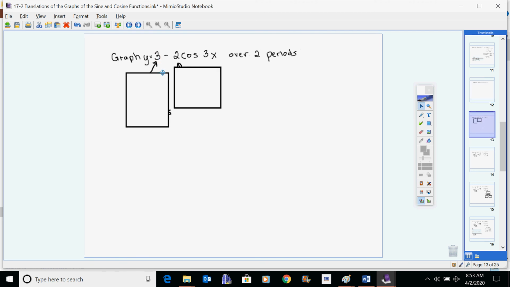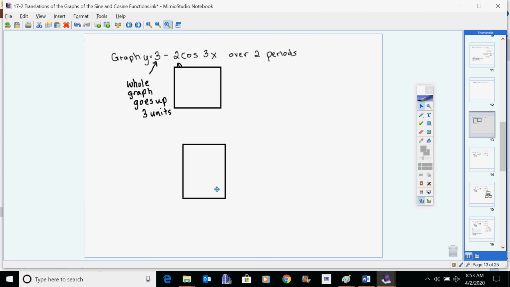This 3 tells us that not only is it cycling around, but the whole graph is going to go up 3 units. Because whatever this is doing, this extra 3 adds 3 to the values and just sends the whole thing up.